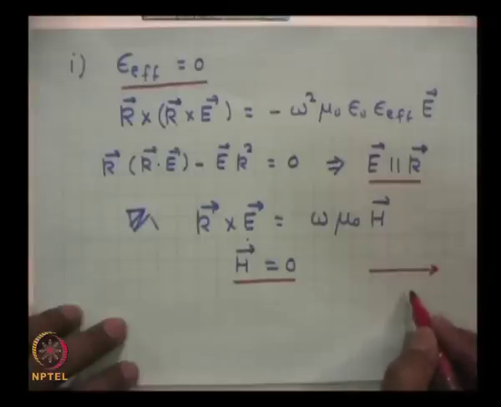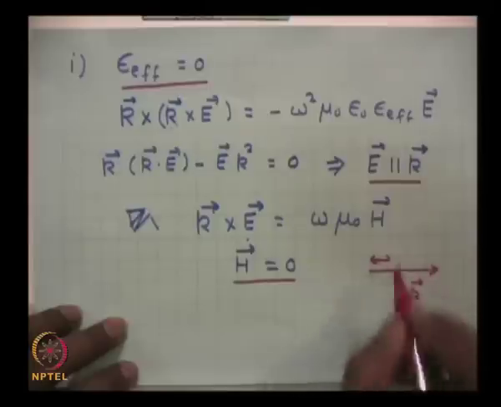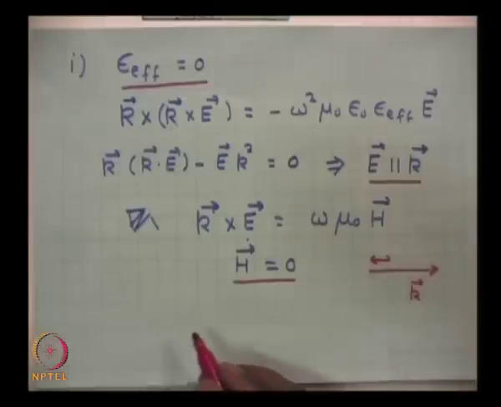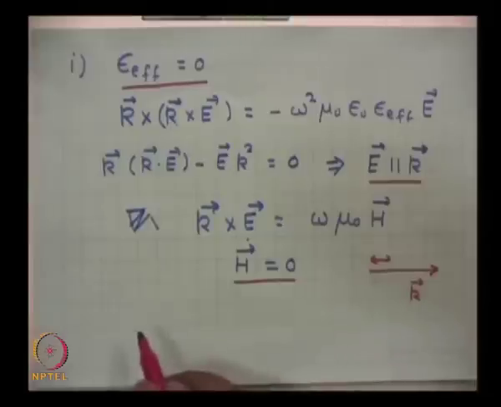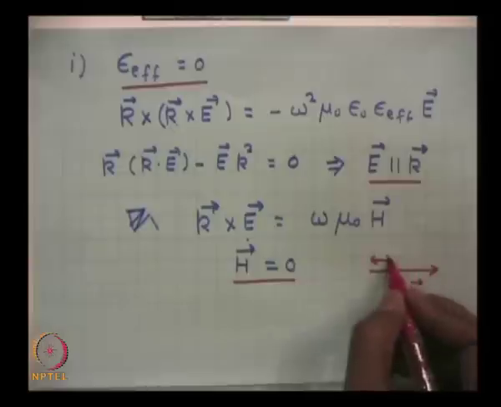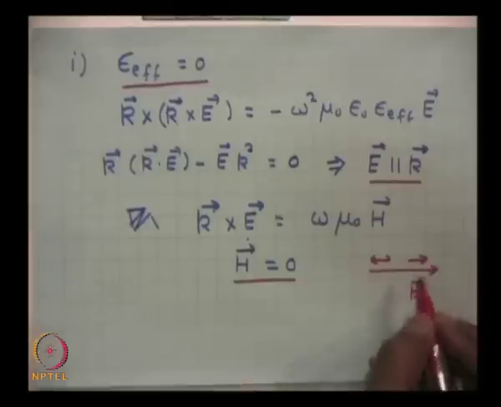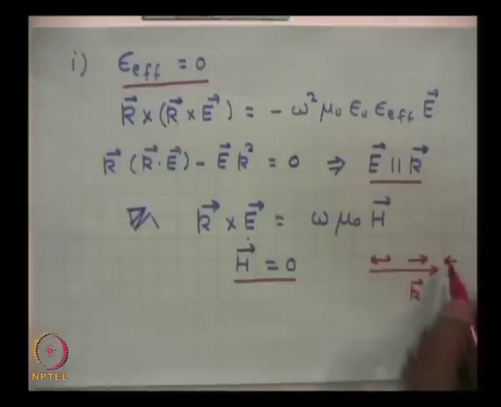And if they are traveling in the direction of k, this is my direction of k vector, then the electric field of these waves will oscillate in the same direction, like this. Now, what will happen in such a case? They are called longitudinal waves, and in some region the electric field will be in this direction, at the same instant in some other region it will be like this, and somewhere like this.